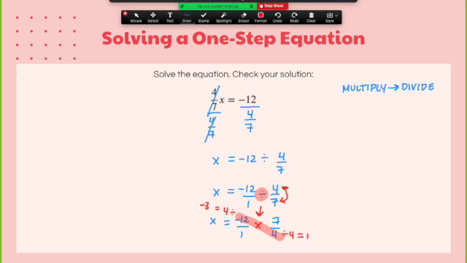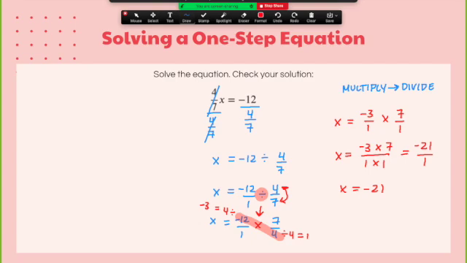So I'm left with, and I'm going to write it over here on the right side, x equaling negative 3 over 1 times 7 over 1. And so in the end, my answer is going to be negative 3 times 7, and then 1 times 1, which just equals negative 21 over 1. And so x is going to equal negative 21.